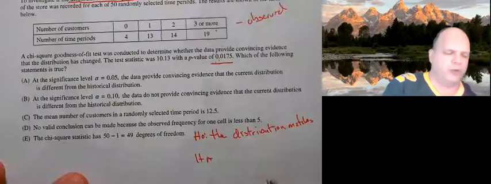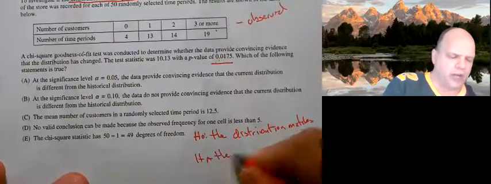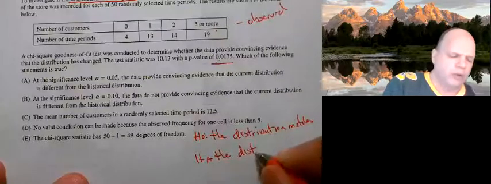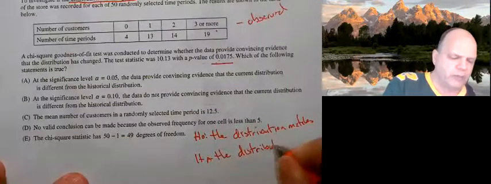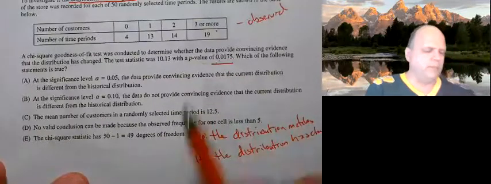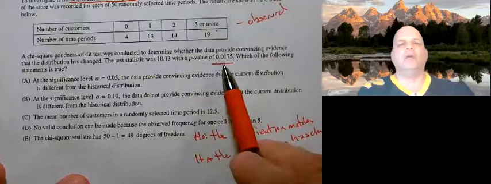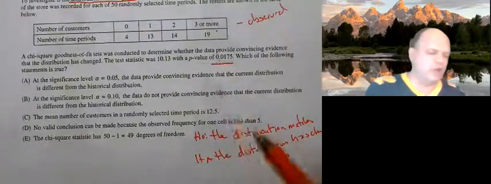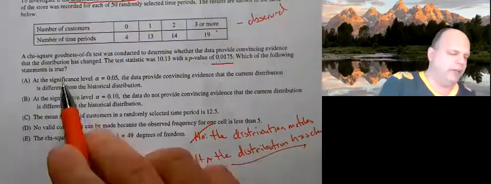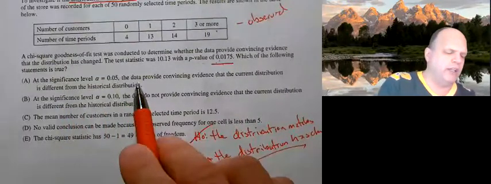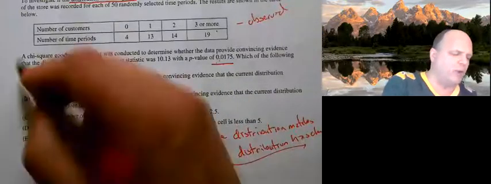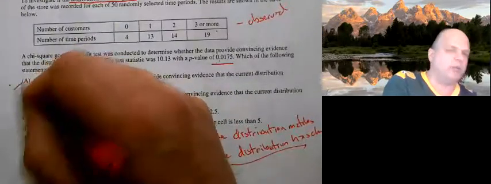HA, the distribution has changed. So we have a small p-value, which means I'm going to reject the null and say the distribution has changed. At the significance level of 0.05, the data provide convincing evidence that the current distribution is different from the historical. I like that. That's probably my best answer.